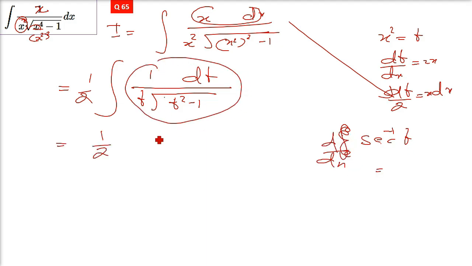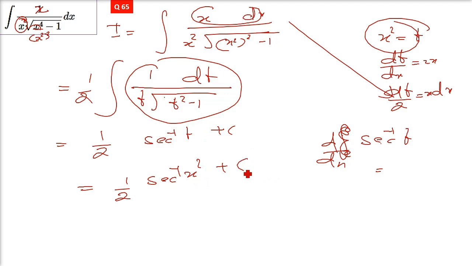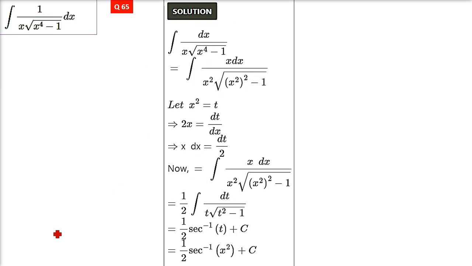So this half, this whole has become sec inverse t plus constant of integration. Half sec inverse, in place of t write x square, plus constant of integration, and say it as the final answer. So this was very straightforward. If you know that x and x can be multiplied in the numerator and denominator, that will give you an easy result. Just x square equals t, and all will be easy.